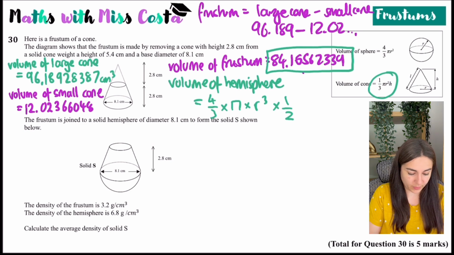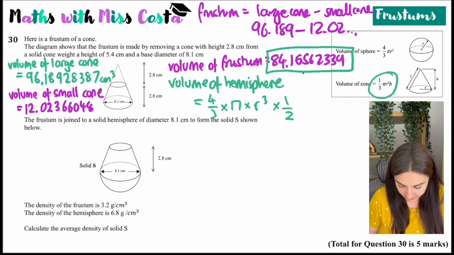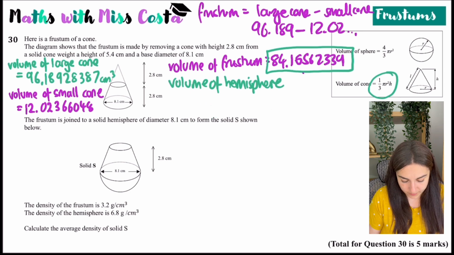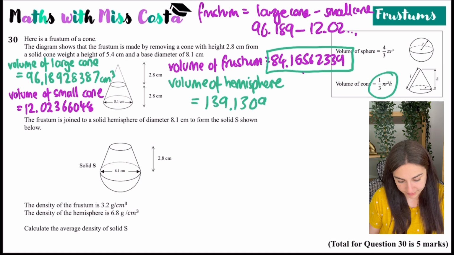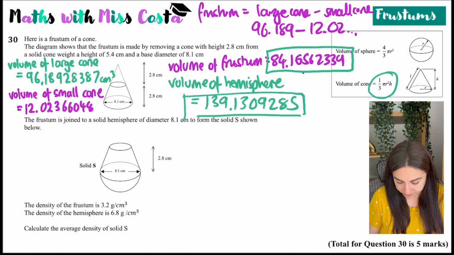So I'm going to do 4/3 times pi times 4.05 cubed equals, divided by 2 equals 139.1309285. So that's the volume of the hemisphere.